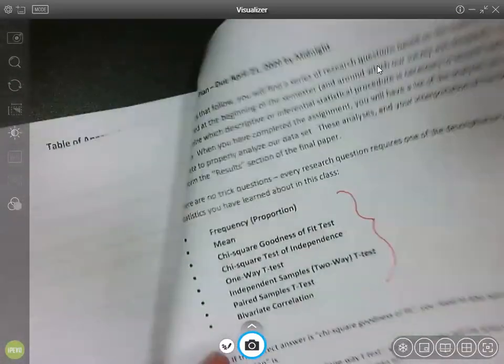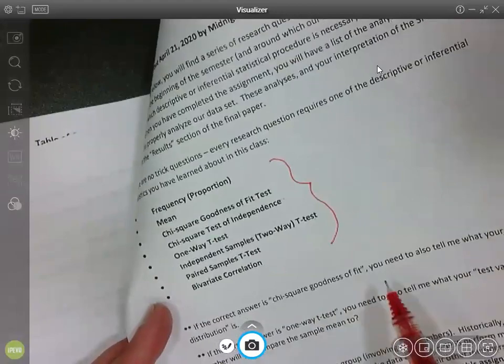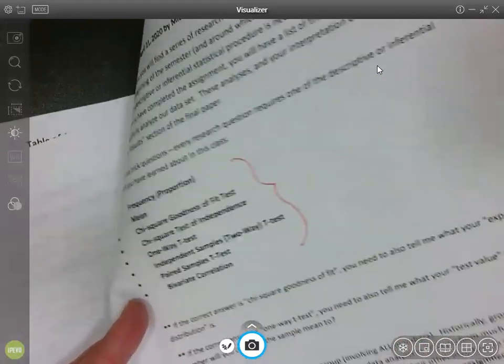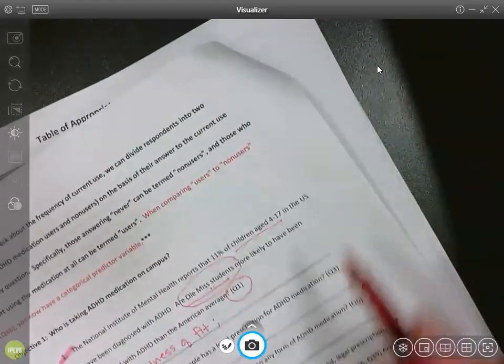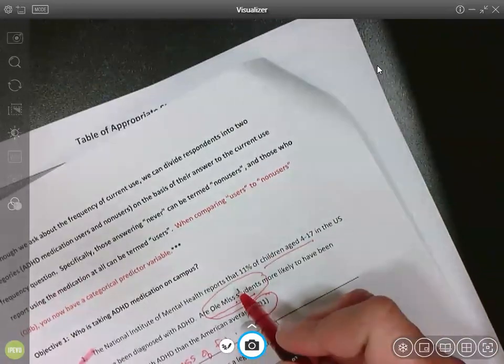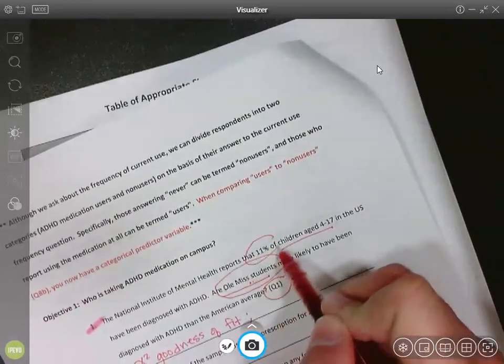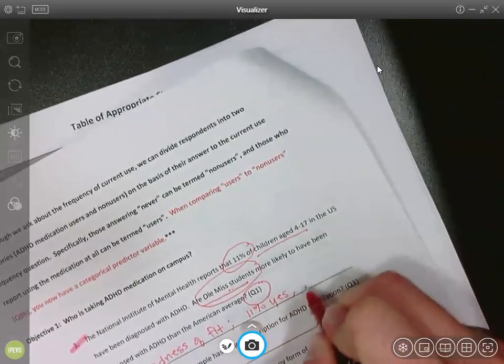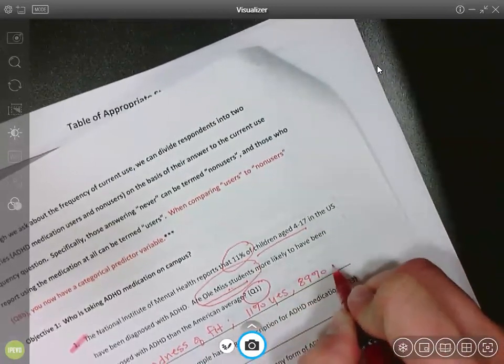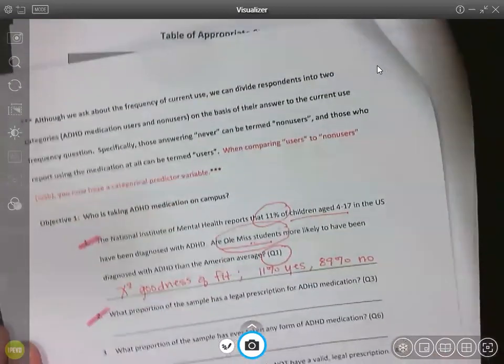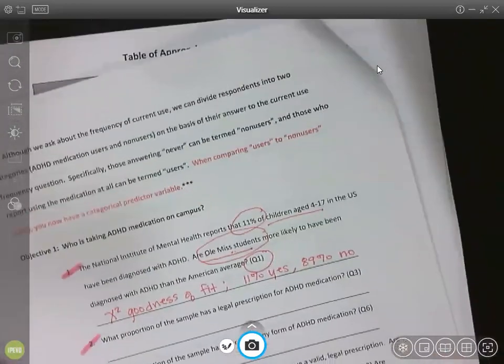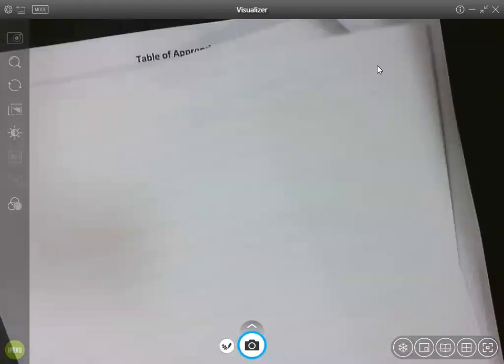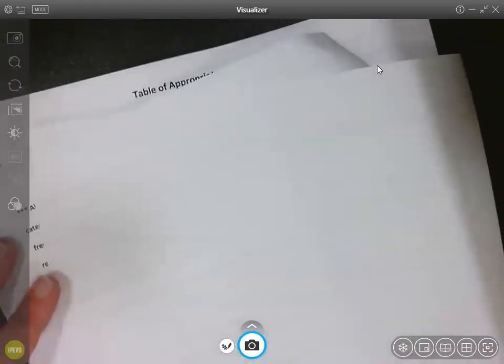The first page of the assignment says, if the correct answer is chi-square goodness of fit, you need to tell me what your expected distribution is. In this case, if Ole Miss students were just like this national average, we would expect 11% of them to say yes, which means we would expect 89% of them to say no. So there's our expected distribution for this question. And because I'm here making this video, let's provide all the details.